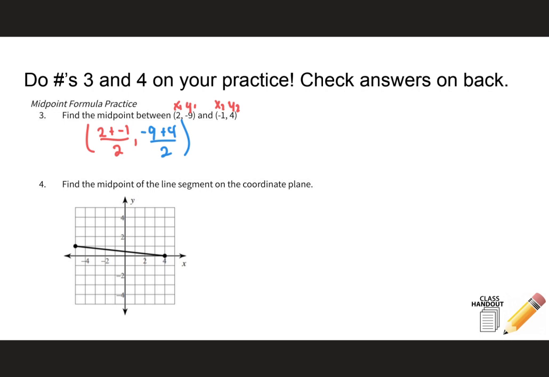Now we just simplify. 2 plus -1, or 2 minus 1, is going to be 1 over 2. And then -9 plus 4, that's going to be -5 over 2. So my midpoint, 1 divided by 2 is 0.5, and -5 divided by 2 is -2.5.